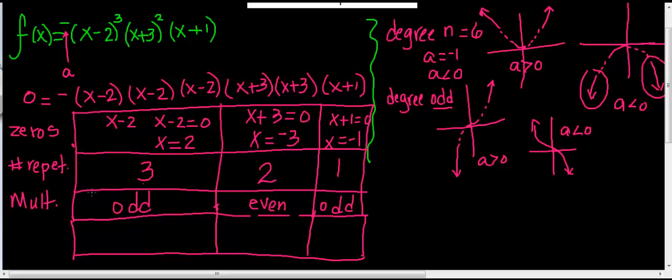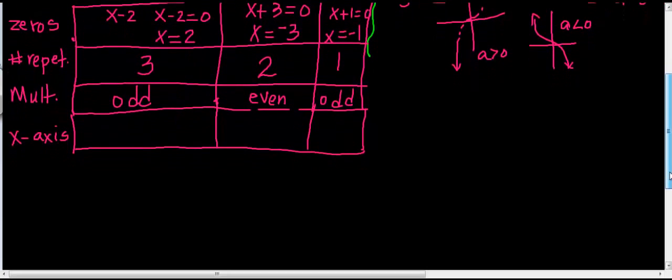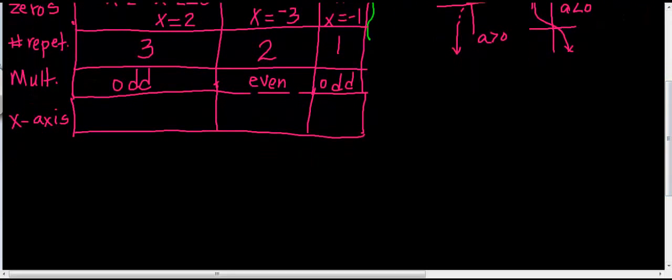You can also add to this table what's going to happen at the x-axis at each of these zeros. What's going to happen? When we have odd multiplicity, I like to think of this function, which is odd degree.